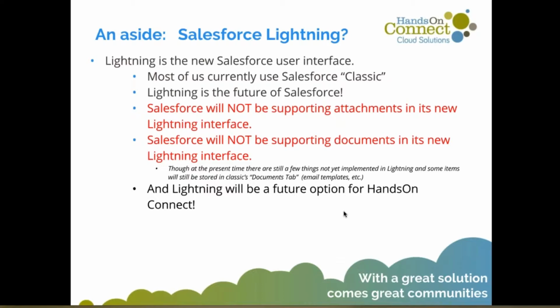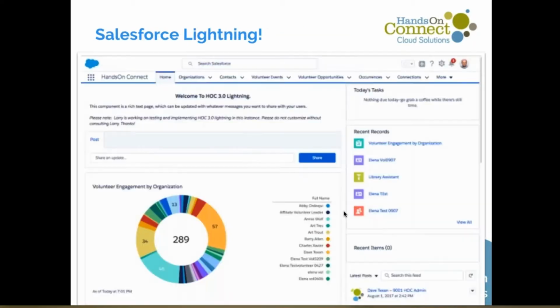There's still a few things that you do have to store in documents, like images for letterhead, but they are working on removing all dependencies on the documents folder from Salesforce, and Lightning will be the future, as will Files. And so we will be working towards transitioning folks who want to move to Salesforce Lightning, and we will have a Lightning version of Hands-on Connect available shortly.